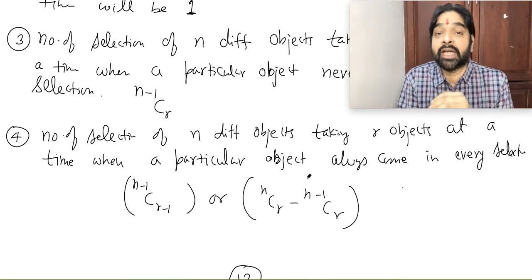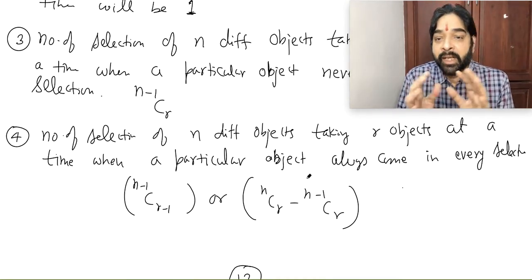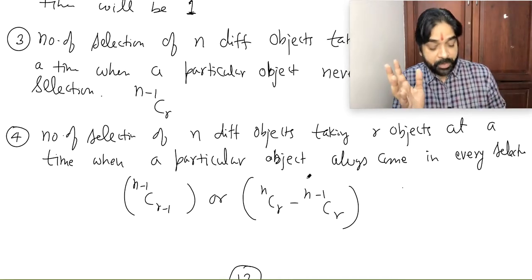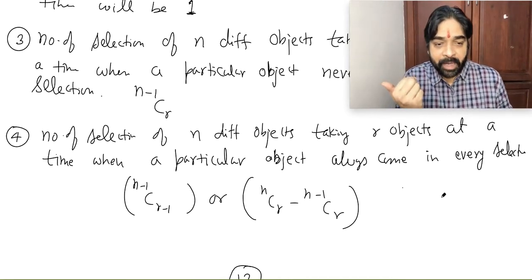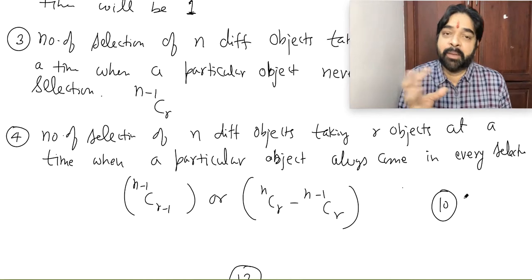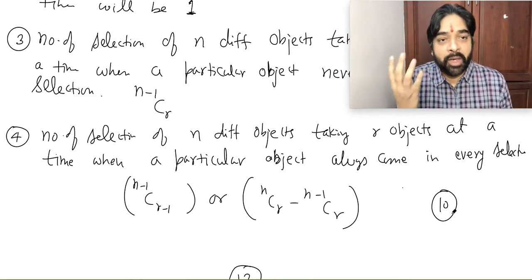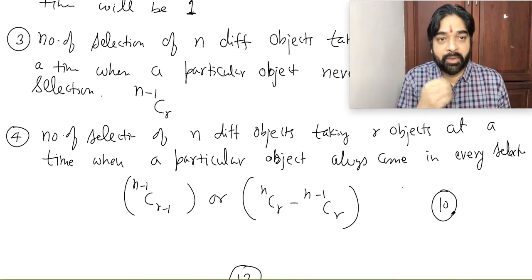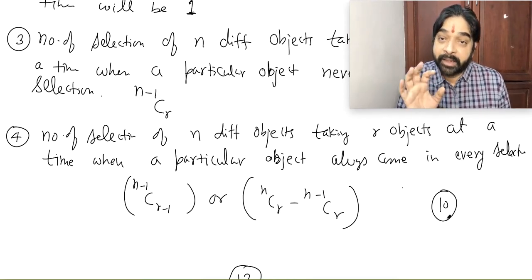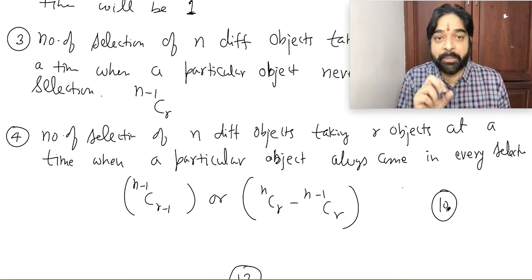Try to understand the meaning of selection. Suppose 10 people are going to participate in a particular competition and only 4 have to be selected. Then any 4 can happen.